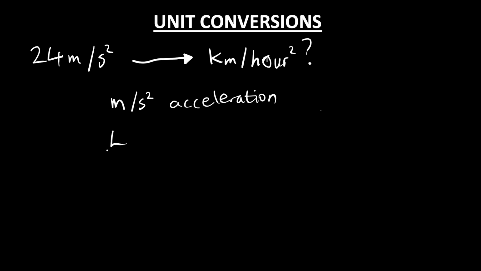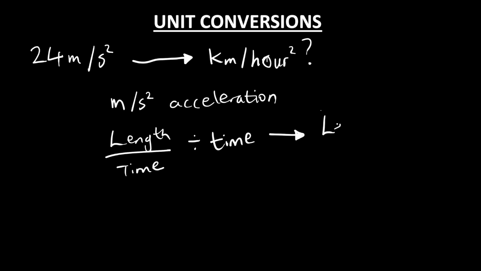And we know that it's for acceleration because it's a length divided by a time divided by a time, giving us length divided by time squared, or in this case, meters per second squared.